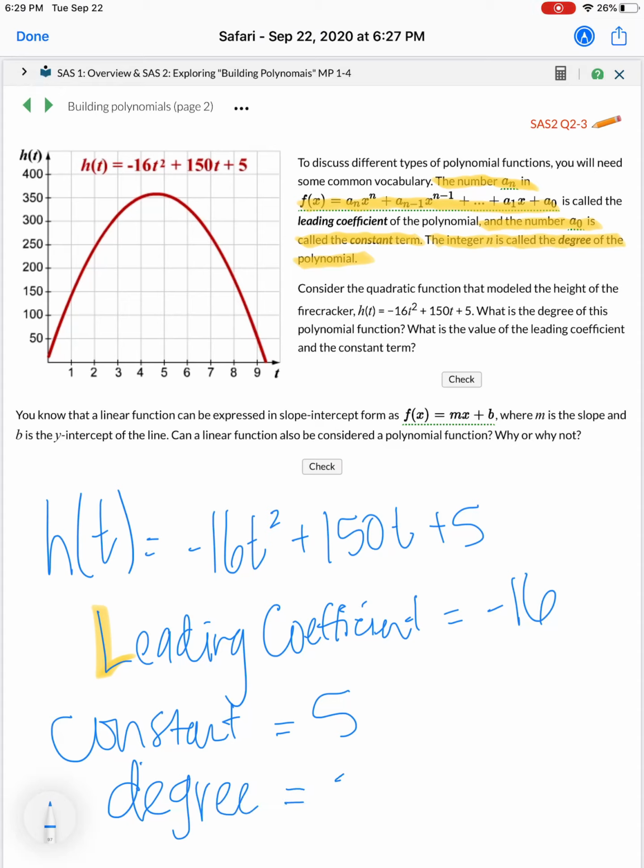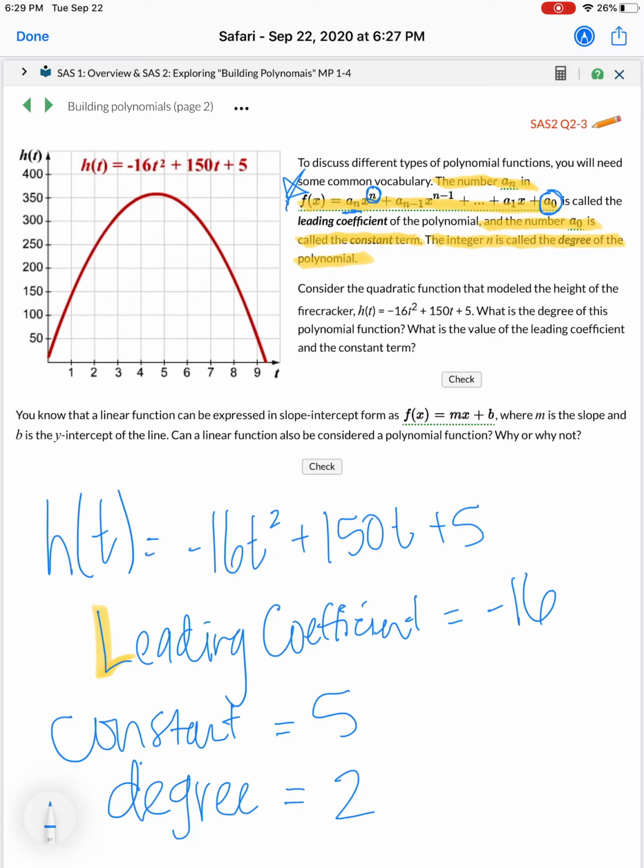So you will see the degree is 2. Okay? So an right here is my leading coefficient. The integer n is my degree, and my A0 is constant. So if you look at this equation, you notice that it has n minus 1.